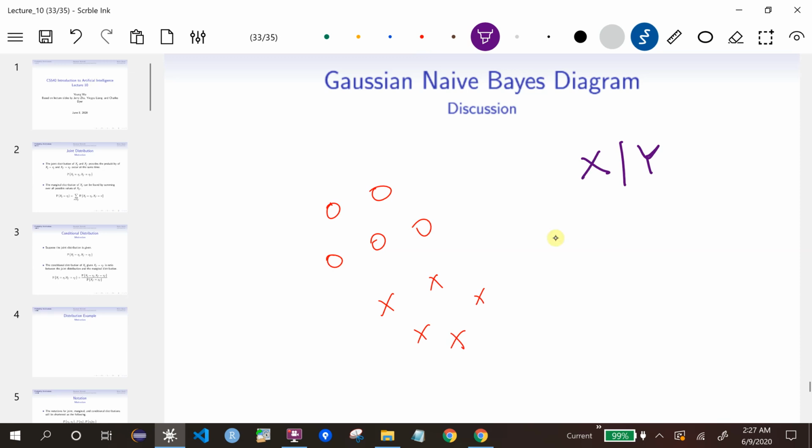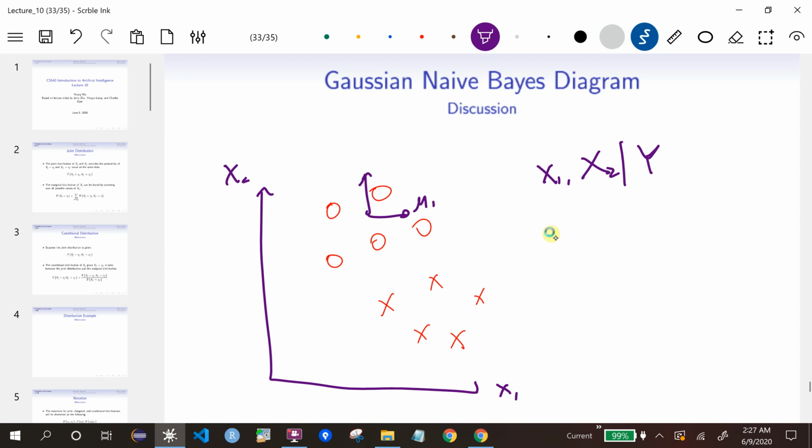And in particular, there are two x's, x1 and x2. So we're estimating the joint distribution. So the Gaussian assumption is basically we have a mean in both directions. This is our mu1, this is mu2, and there's a variance. What I'm saying is not exactly right.